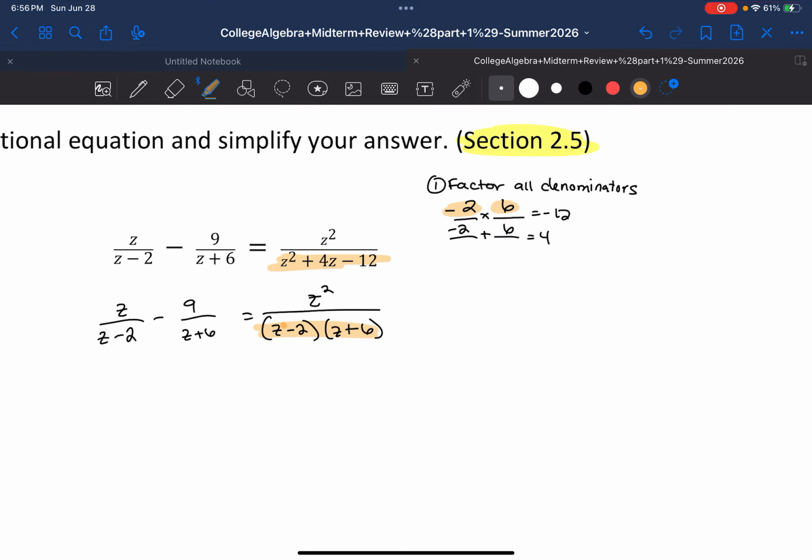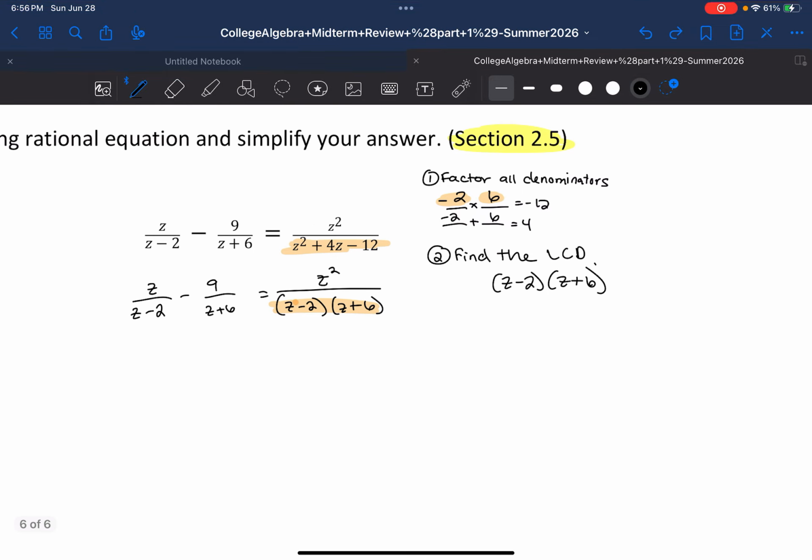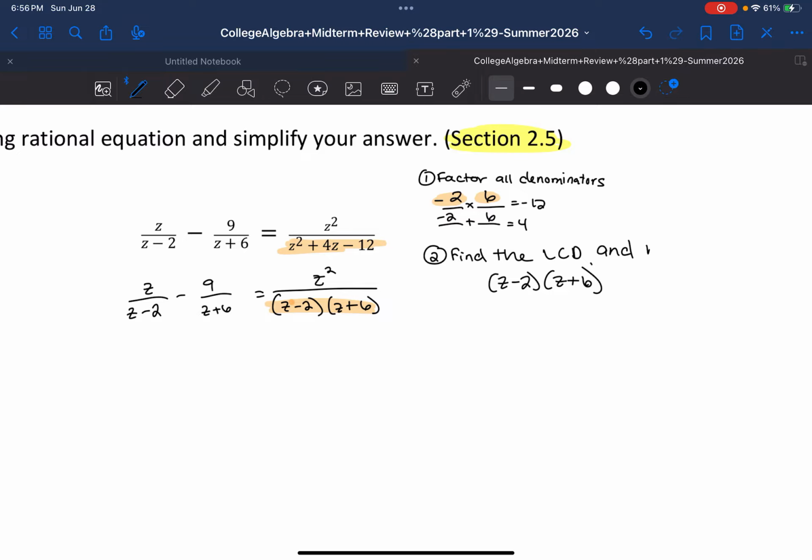All right, so now the least common denominator is going to be that z minus 2 times z plus 6, because I have z minus 2 here, I have z plus 6 here, and then I have both of them here. So that is the smallest multiple that all of those will divide into. So that is what I'm going to multiply each term by to clear my fractions.